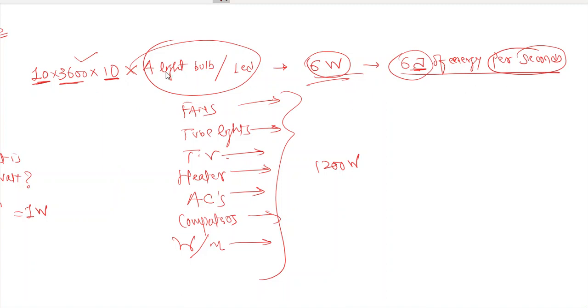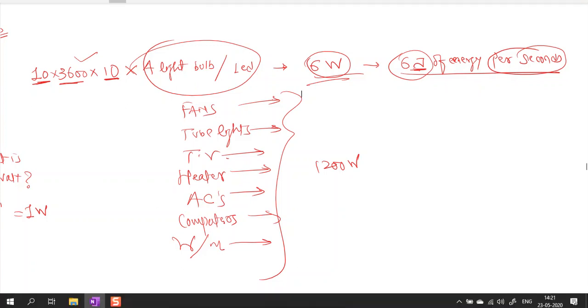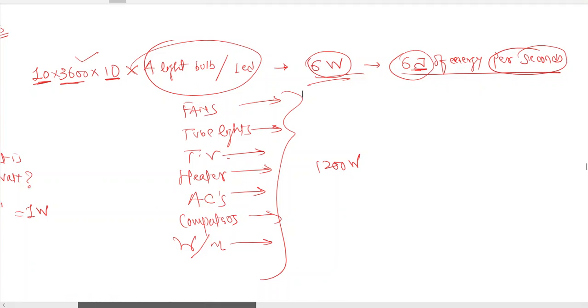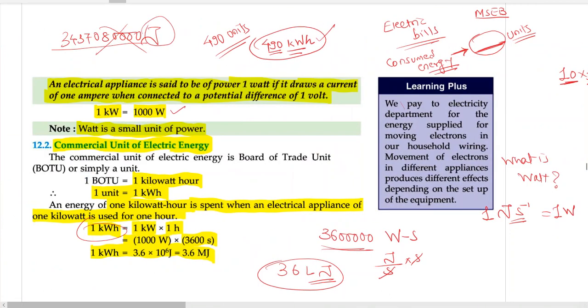Also multiply it with the time for which they are used. So that's why if you measure the electrical energy in joules, it will be very inconvenient for you to get the total number. That's why an electrical appliance's electrical energy consumption is always preferred to be measured in kilowatt hour.